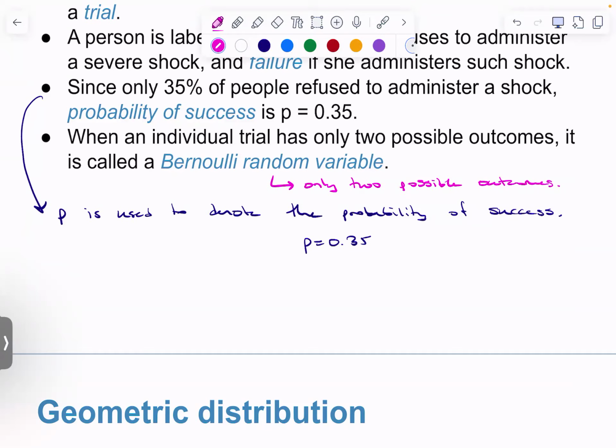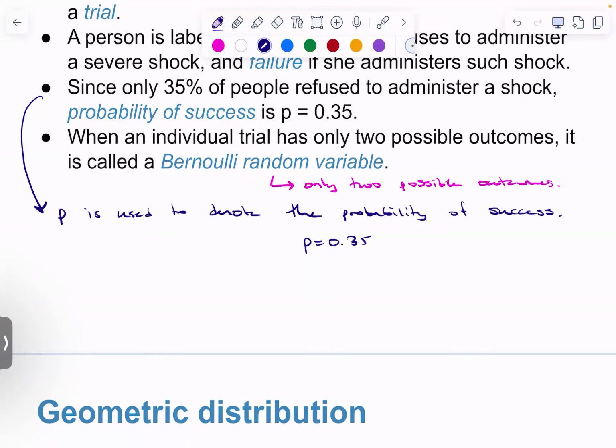Often we can create a Bernoulli random variable if it helps us solve a problem. We've seen that before. I can't think of the exact example, but if you roll a die and you're interested in rolling a 5, then the probability of rolling a 5 is 1 in 6, which means that the probability of rolling anything but a 5 is the complement, 5 in 6.